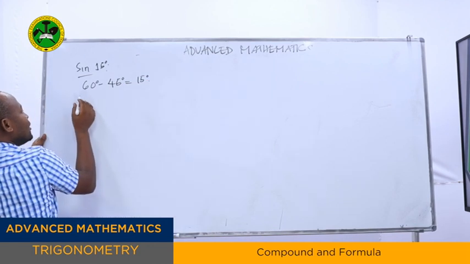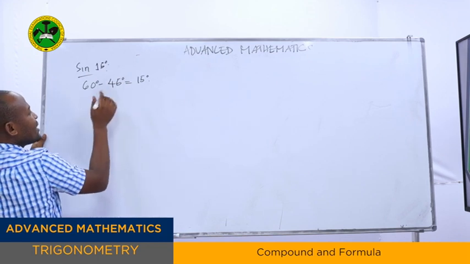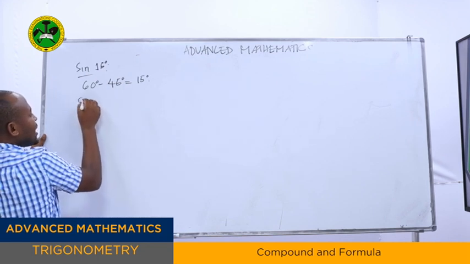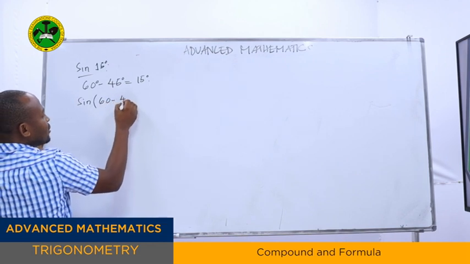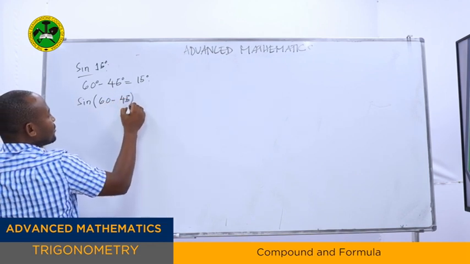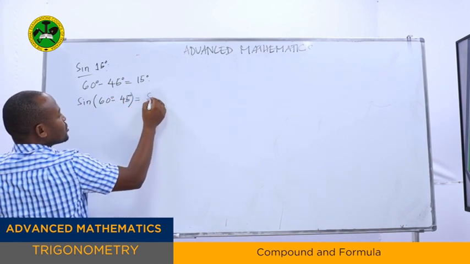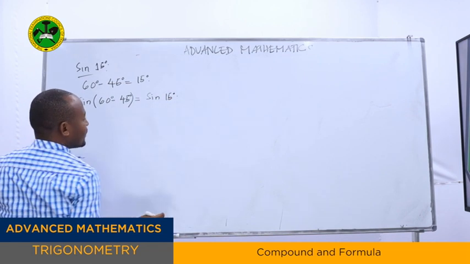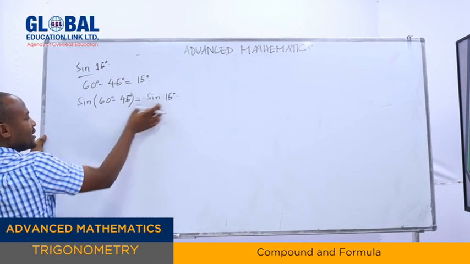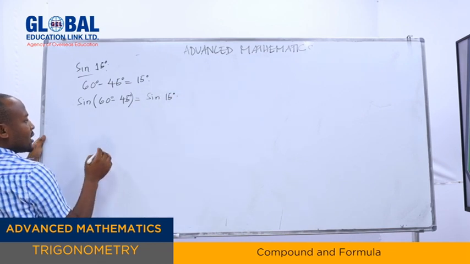If we take sine of both sides, we shall have sine of 60 minus 45, in degrees, equals sine 15. So this is what we were told to find, and we use this way so that we can get the value of sine 15.